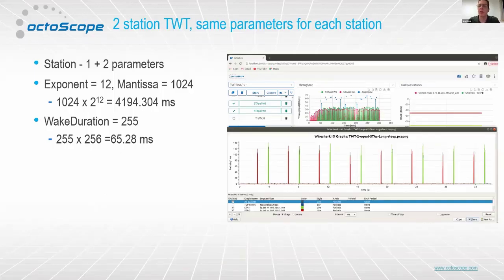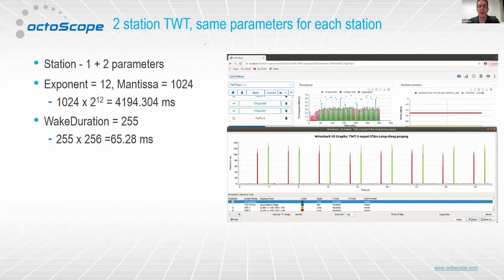So in this one, we now have 2 stations set up with similar parameters. Actually, they're exactly the same, except for the start times, which were issued by the AP. So we've got about a 4-second service period with a 65 millisecond wake period.